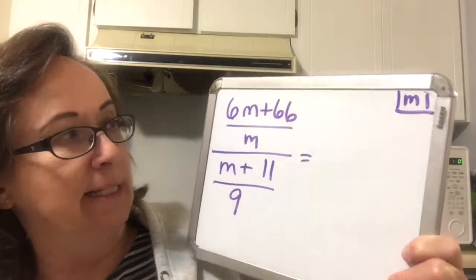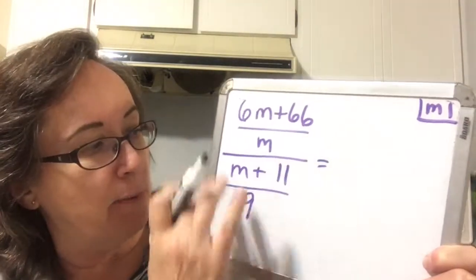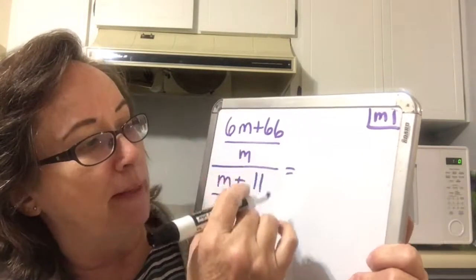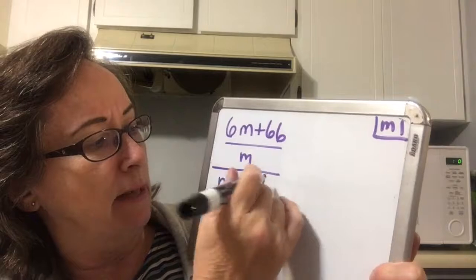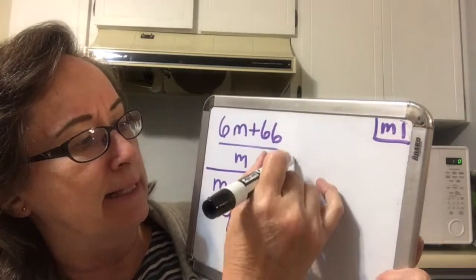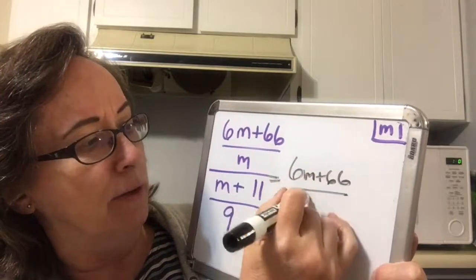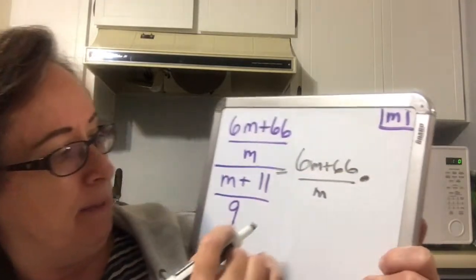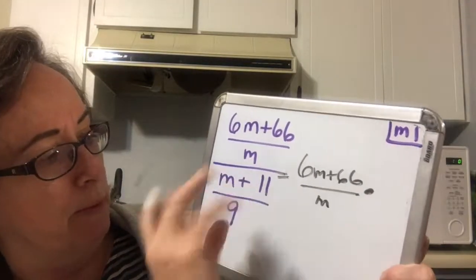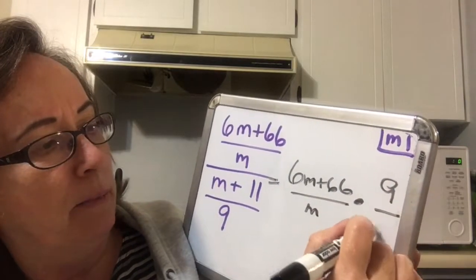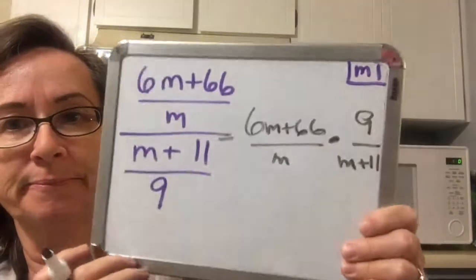Since we have one single rational expression over one single rational expression, we're going to use method 1, which means that we're going to write this as 6m plus 66 over m times, and then I'm going to get the reciprocal of this one, which is going to be 9 over m plus 11.